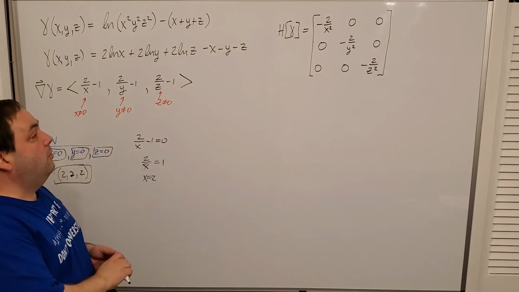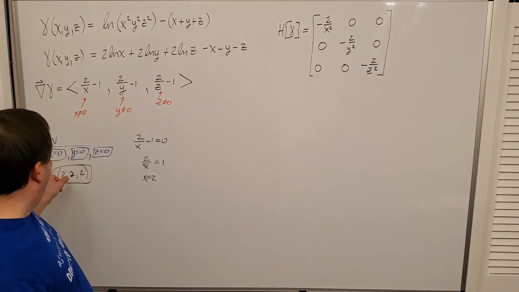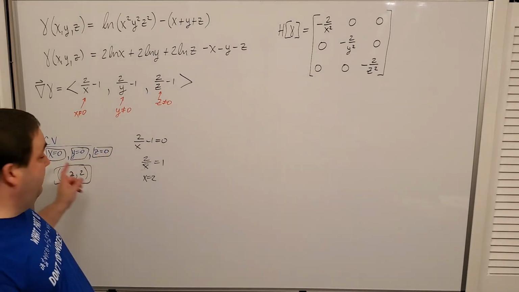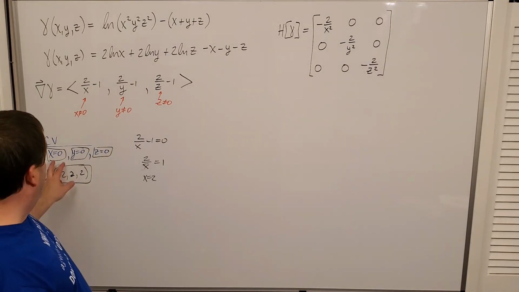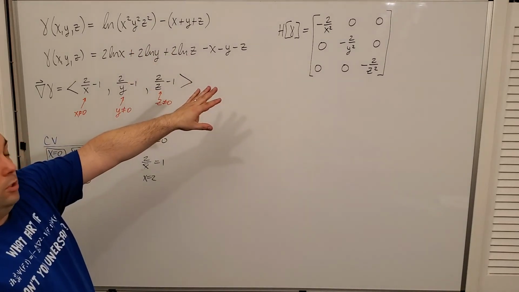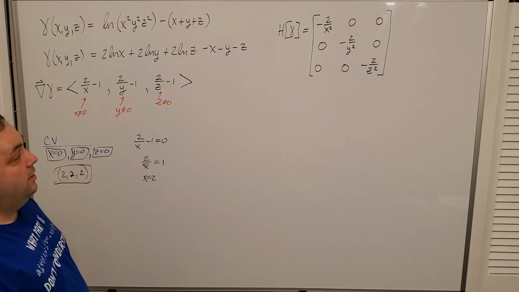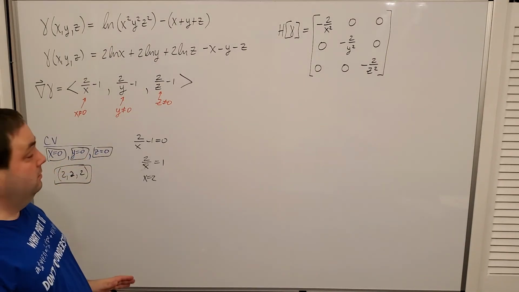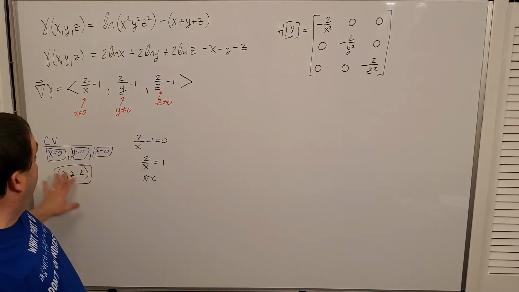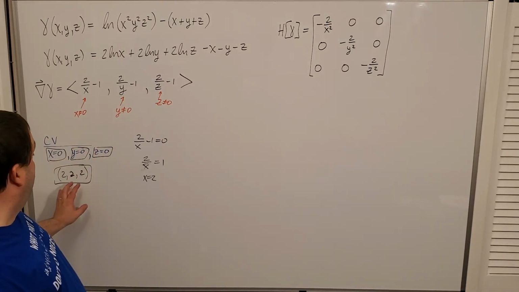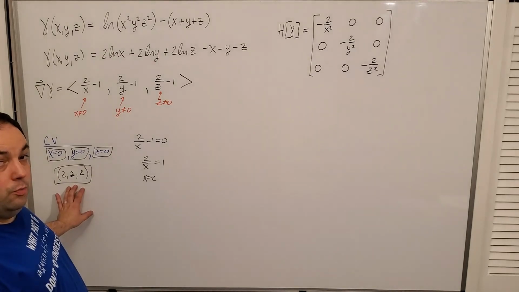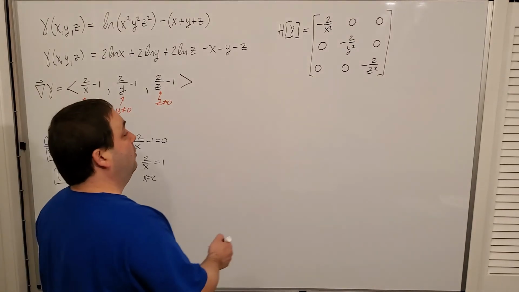And notice now, even though these are critical values, right, I should still check them, even though they're the undefined type, right? But notice the Hessian will also be undefined at either x equals 0, y equals 0, or z equals 0 independently. Okay? So for all my critical values, the only one that is going to have a Hessian is the singular point 2, 2, 2. Okay?